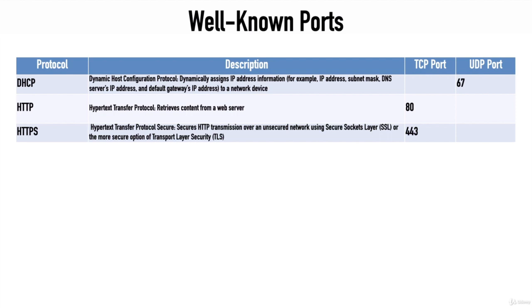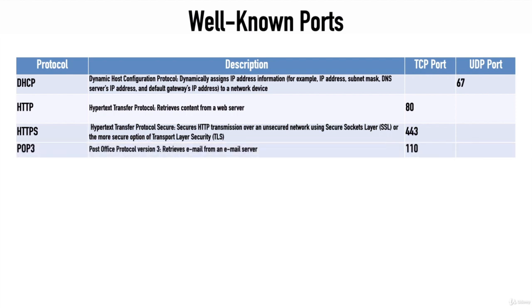A protocol that goes hand in hand with SMTP that we mentioned earlier is POP3. This retrieves email from a server. Remember, SMTP is used to send email to a server, whereas POP3 is one of the protocols for retrieving mail from a server over TCP port 110. One of the disadvantages of POP3 is that it's going to move email from the server to whatever device you're using.